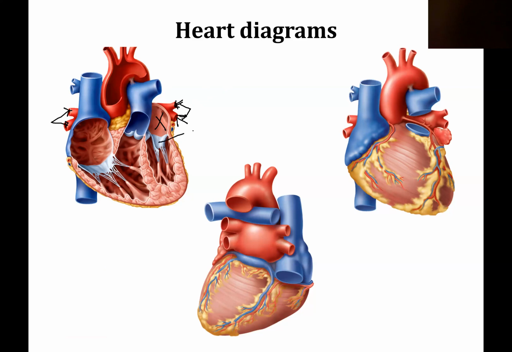That the blood then passes through the bicuspid or mitral valve, which is this flat area. All of this is the left ventricle. Notice it's closest to the apex.